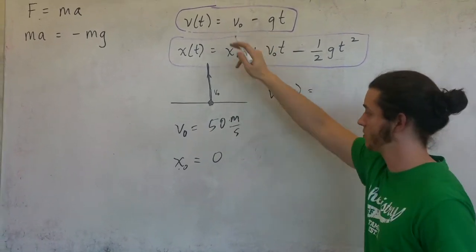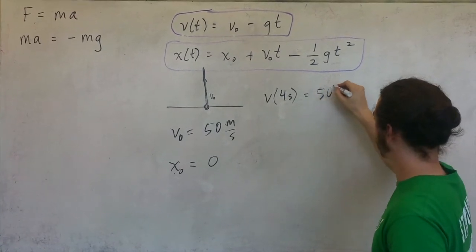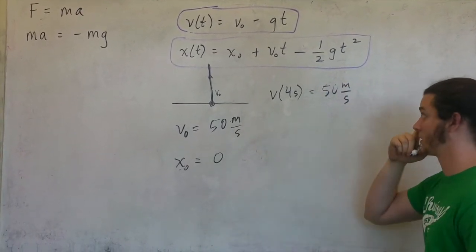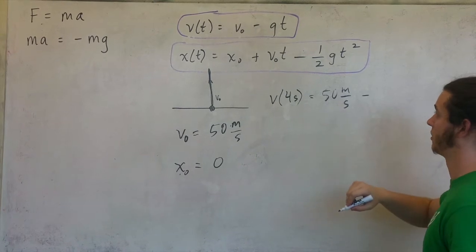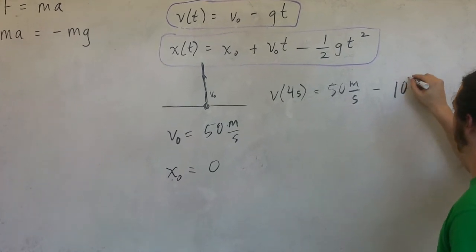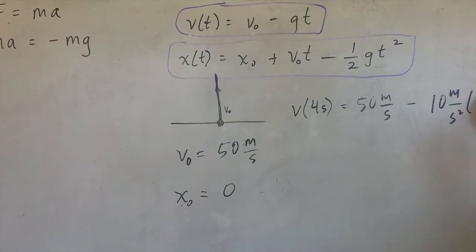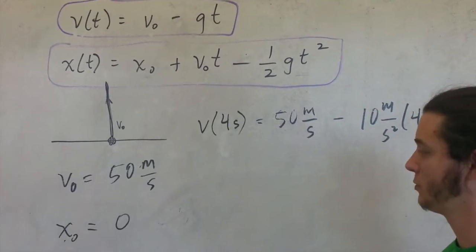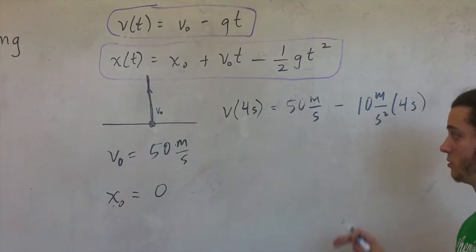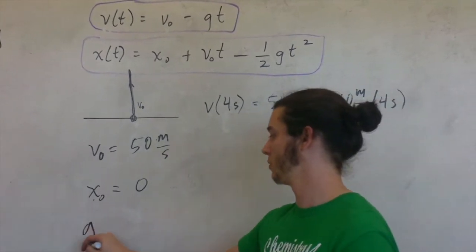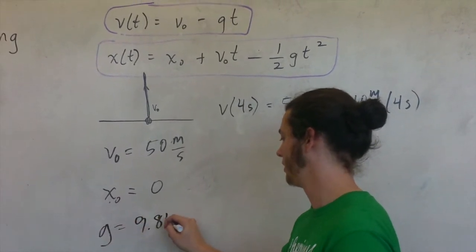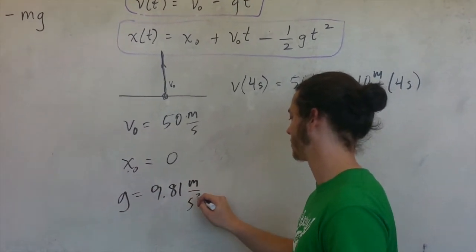Well, all we need is the initial velocity, 50 meters per second, minus the acceleration due to gravity times the time. So I'm doing a rough estimate of the acceleration due to gravity here. The real number, which you probably heard before, is 9.81 meters per second squared.